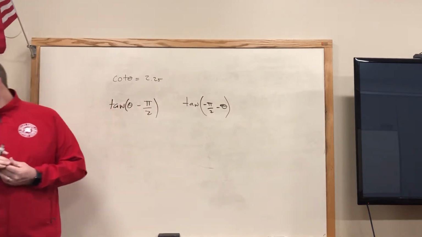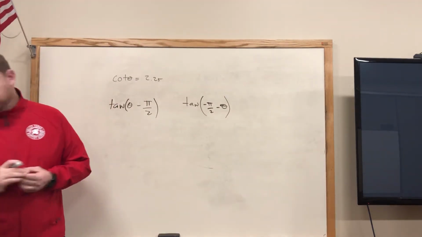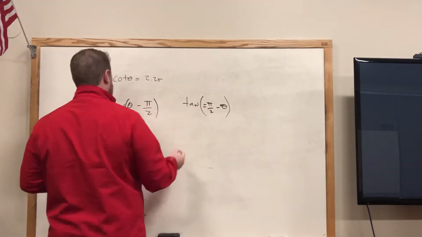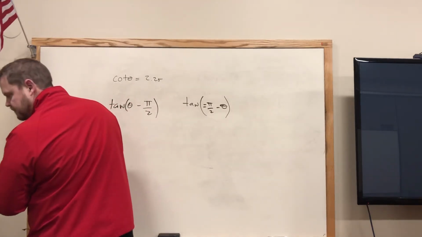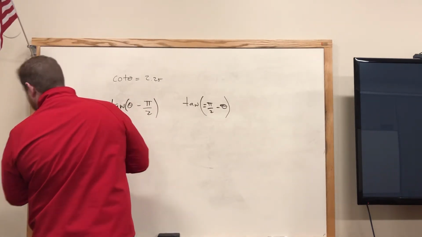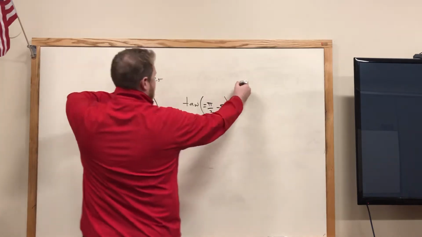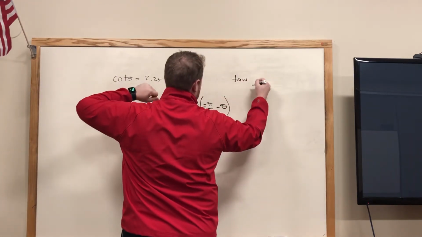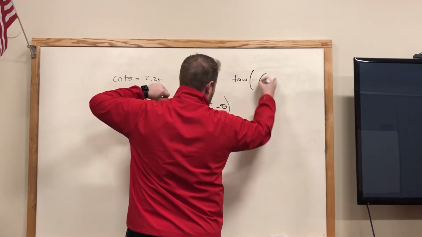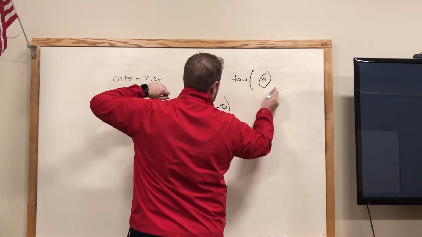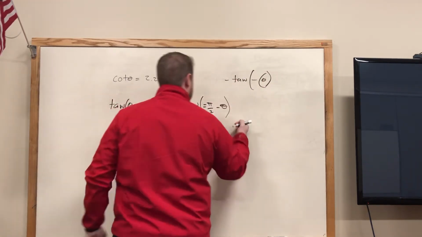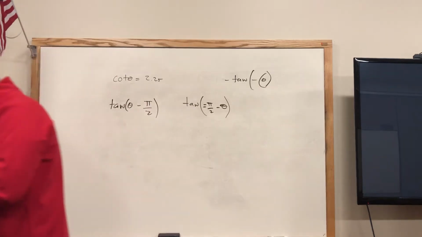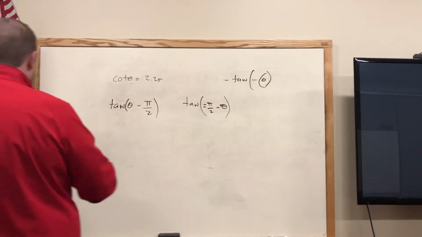Now, what would I do next? I take out that negative. Remember our equation for tangent: if there's a negative inside and I take it out, what happens in tangent's case? It takes the whole thing and makes it negative.